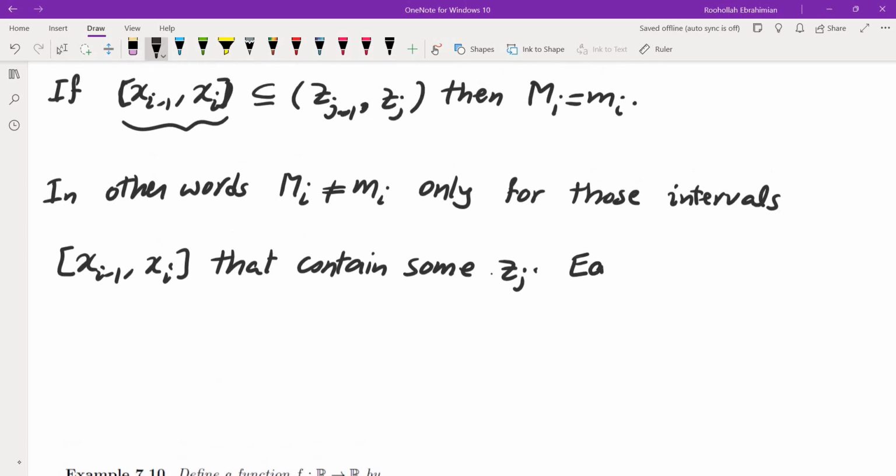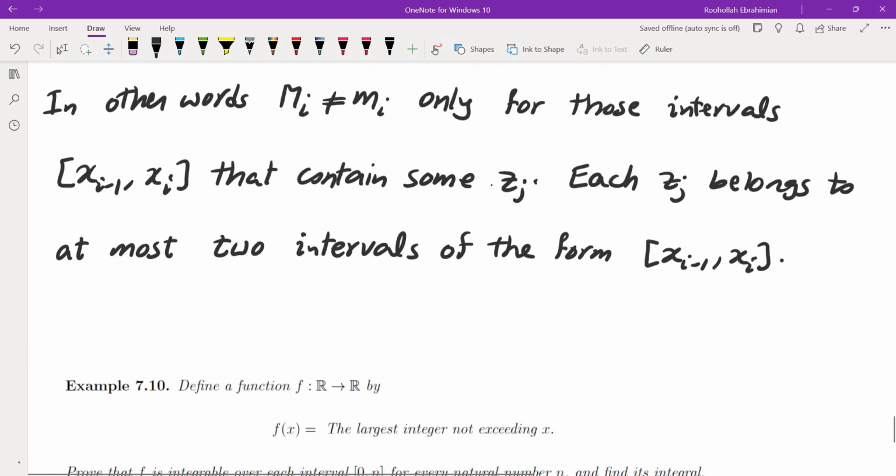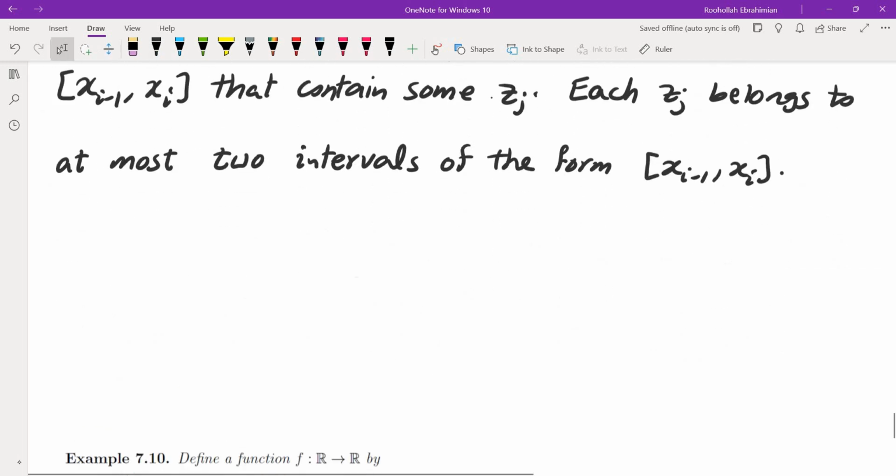Now, how many of these intervals are there? Each z_j belongs to at most two intervals of the form [x_{i-1}, x_i], at most two, one on each side.